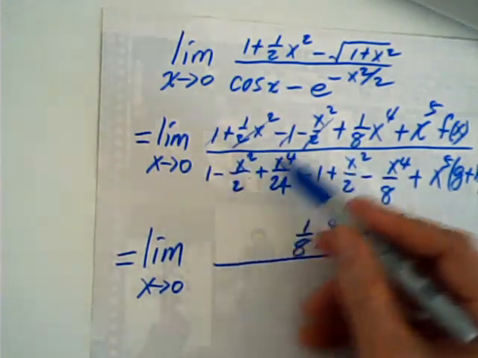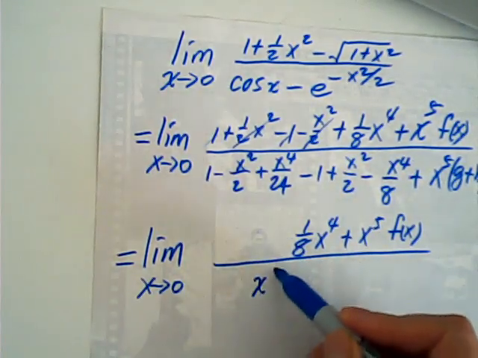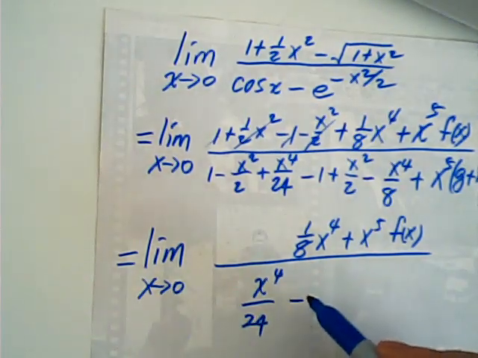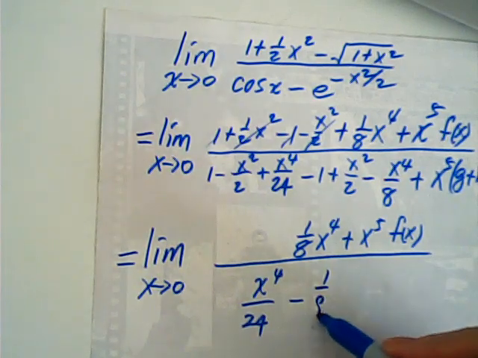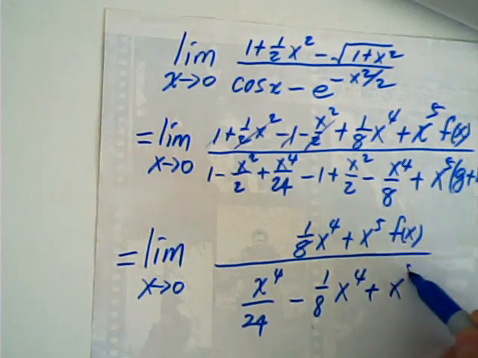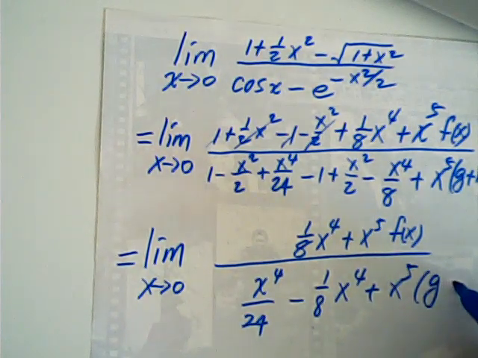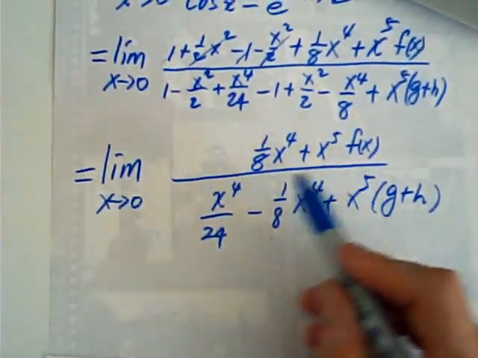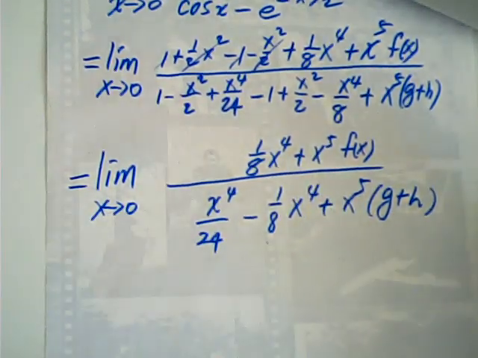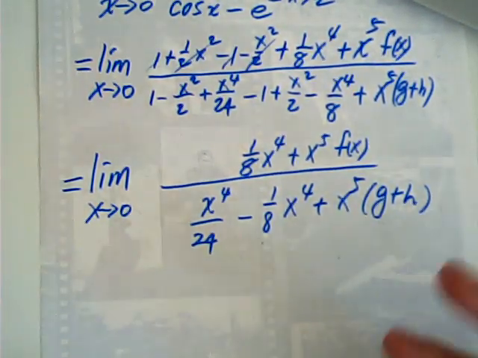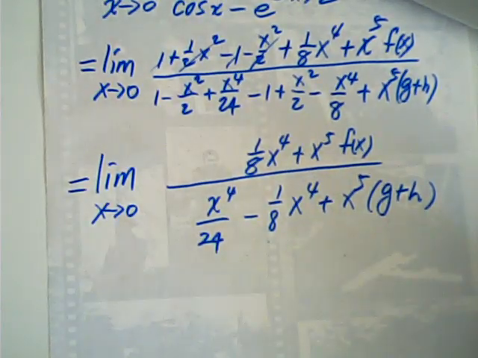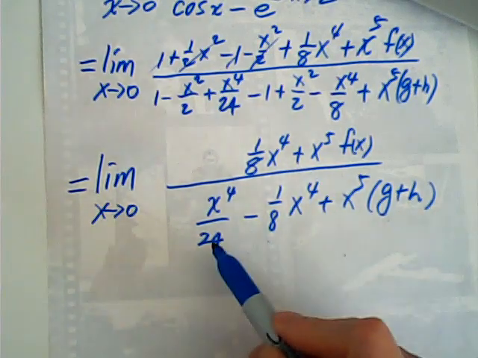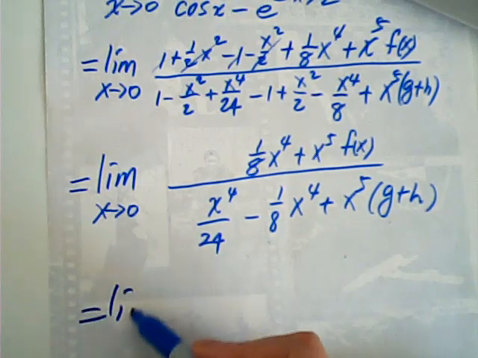And this one cancels out. So we have x fourth over 24, and plus minus 1/8 x fourth plus x fifth times a polynomial, which is g over h. Now we know that the leading term dominates the whole polynomial, so we just take a look at this one. This goes to 0, this goes to 0, this goes to 0, everything's done.